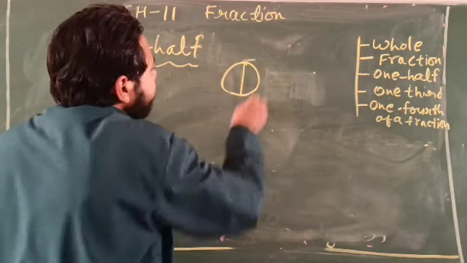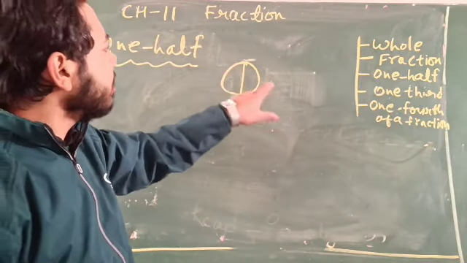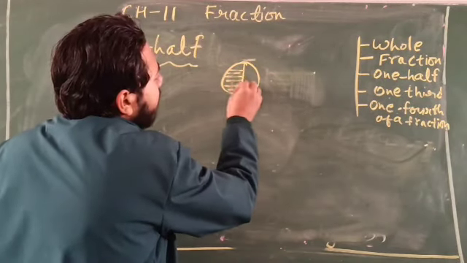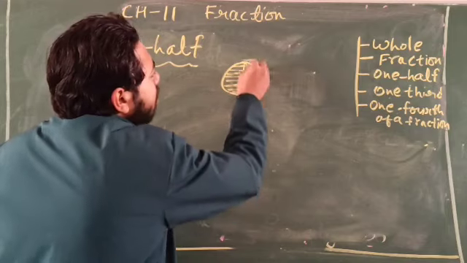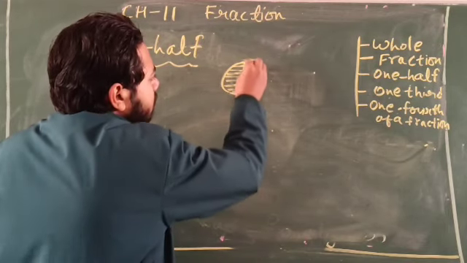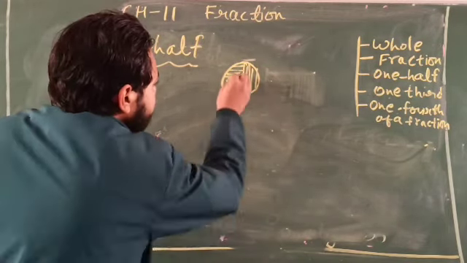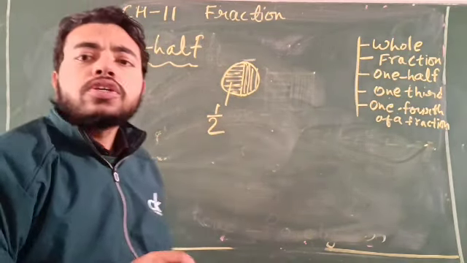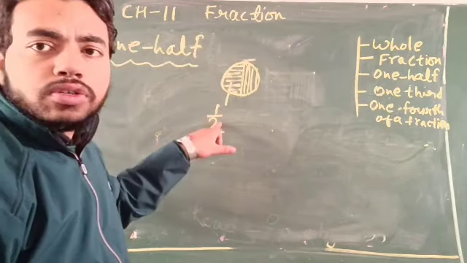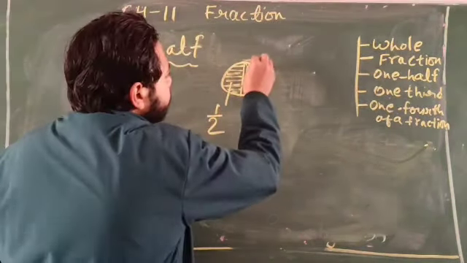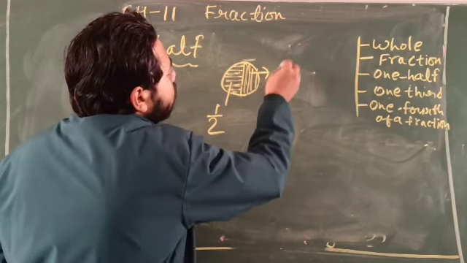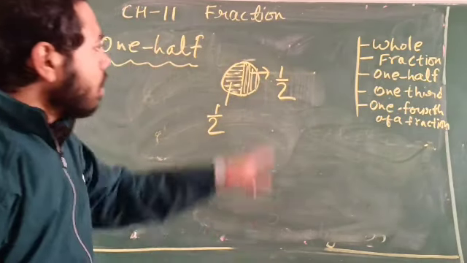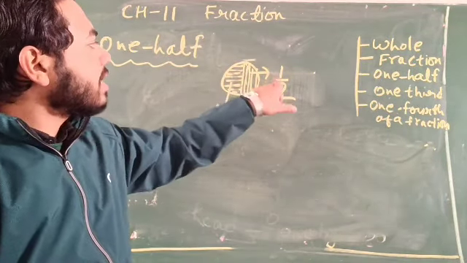When we divide it into two equal parts, then each part represents 1/2. This part is representing 1/2, and it is written as 1/2. That part is 1/2, and the same part here is also known as 1/2, and we write it as 1/2.